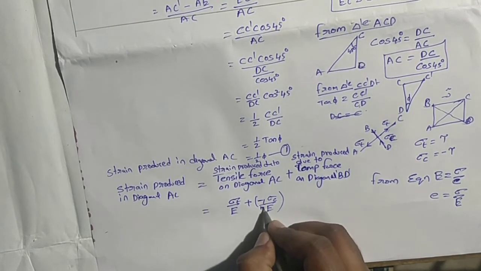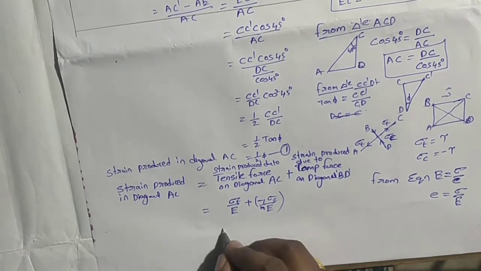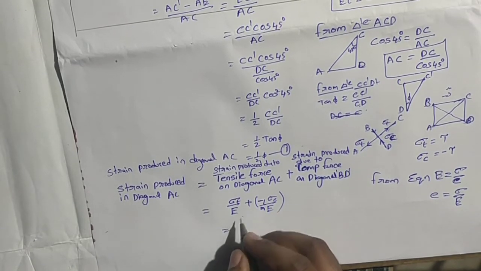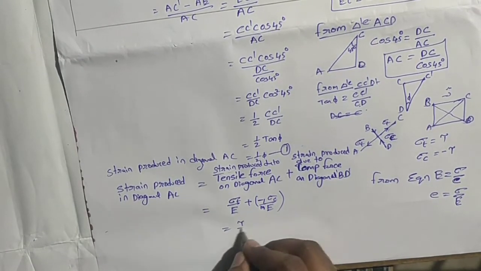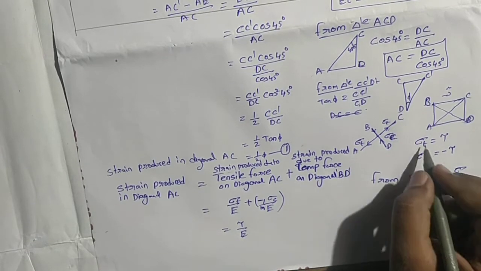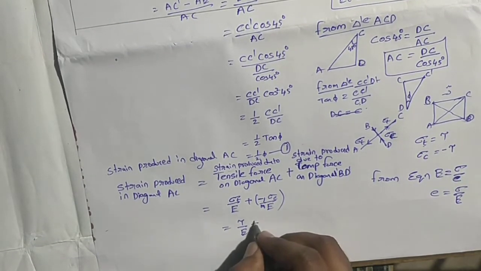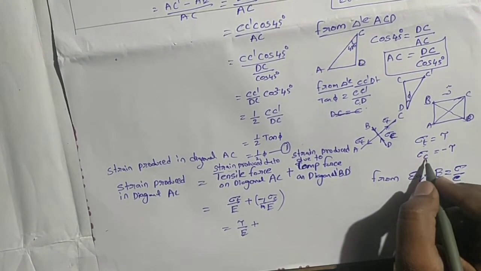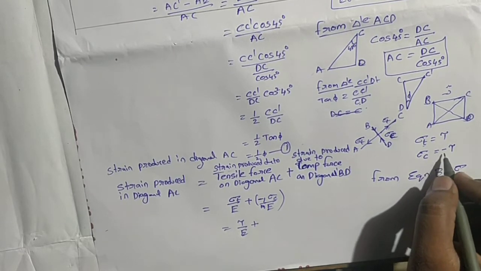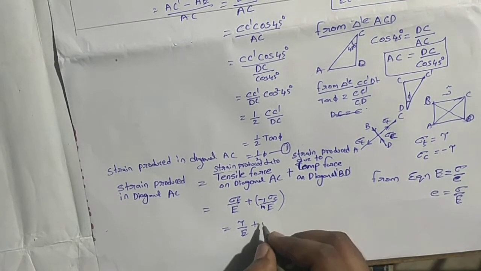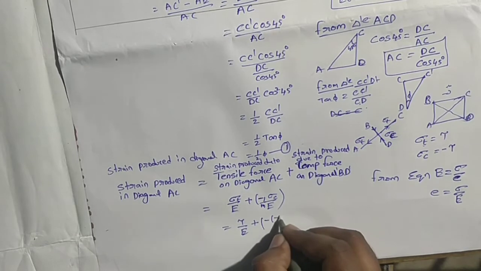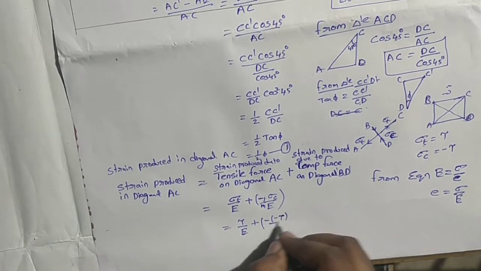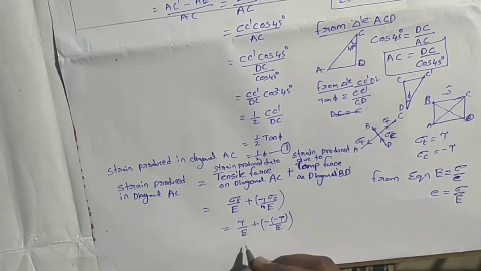And here Poisson's ratio will also be added. Here sigma T is written as tau by E. Here sigma T equals tau plus minus sigma C. In place of sigma C, you can replace minus of tau by E. Therefore, minus of minus is plus.